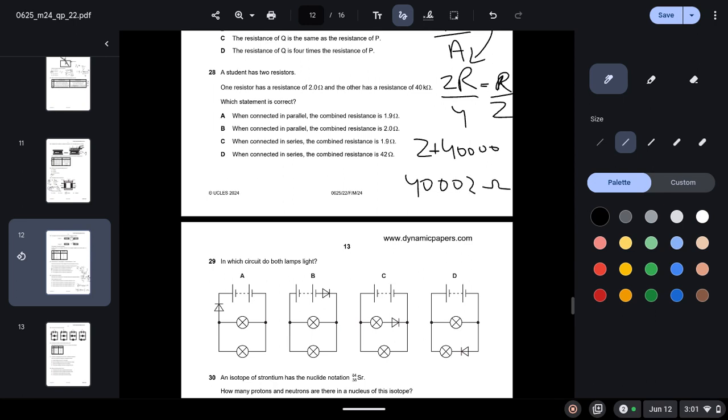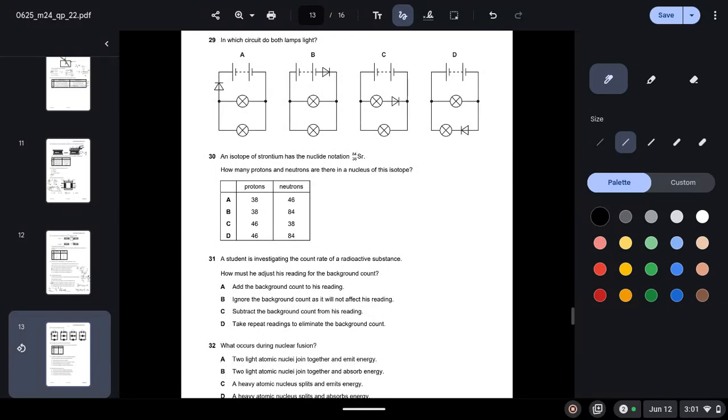This is for series, and for parallel it would be 1 upon 2 plus 1 upon 40,000. And when you solve this, RT would come out to be about 2. So the combined resistance when connected in parallel is about 2 ohms, which is option B.